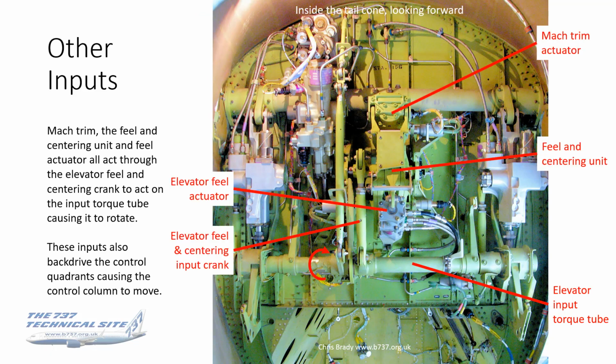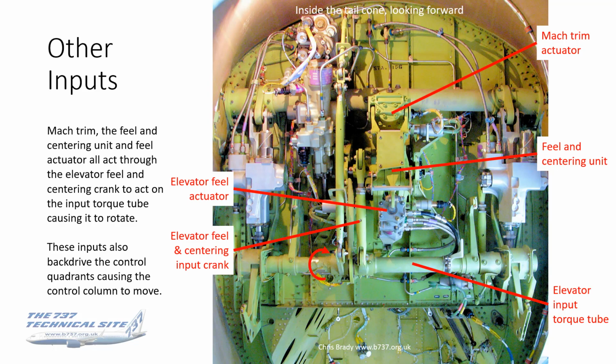The other inputs will actually come from, and if I start sort of left or top right hand corner there, you've got the Mach trim actuator, the feel and centering unit, and the elevator feel actuator, and all three of those act through the elevator feel and centering input crank to again give inputs to the elevator input torque tube.